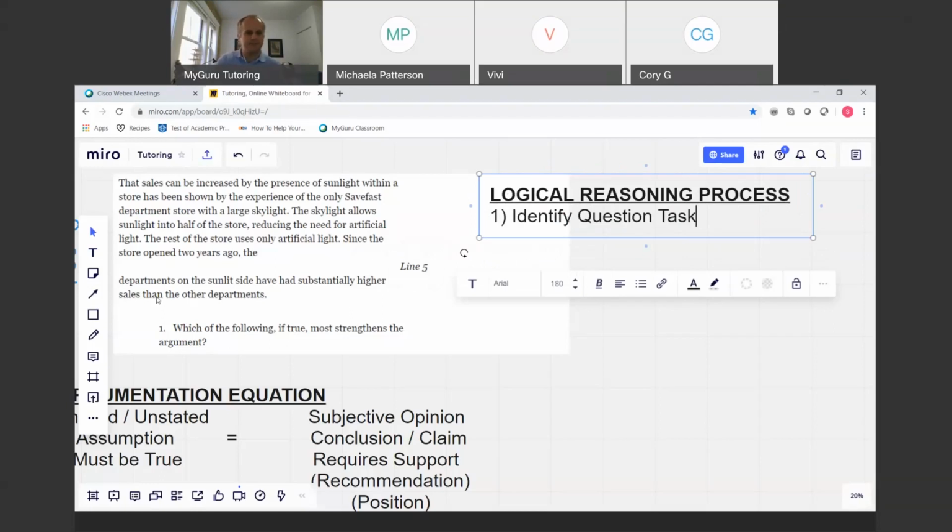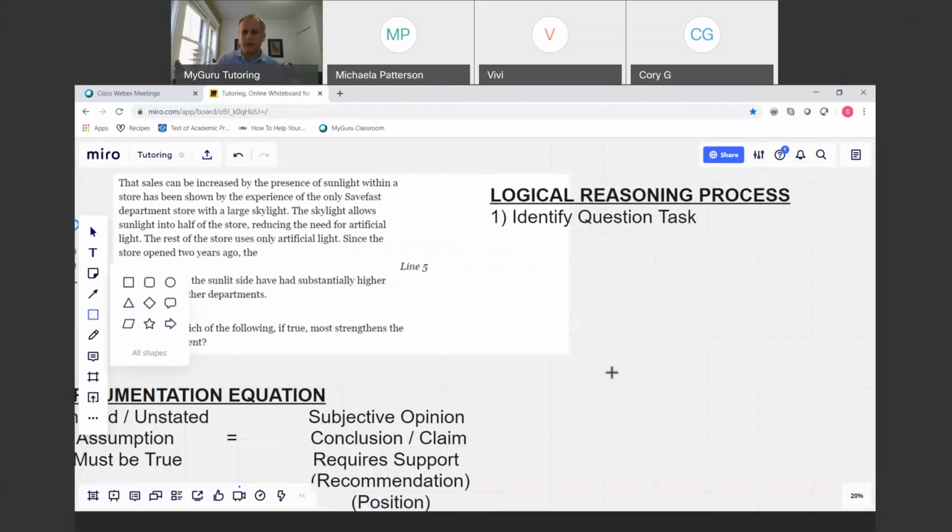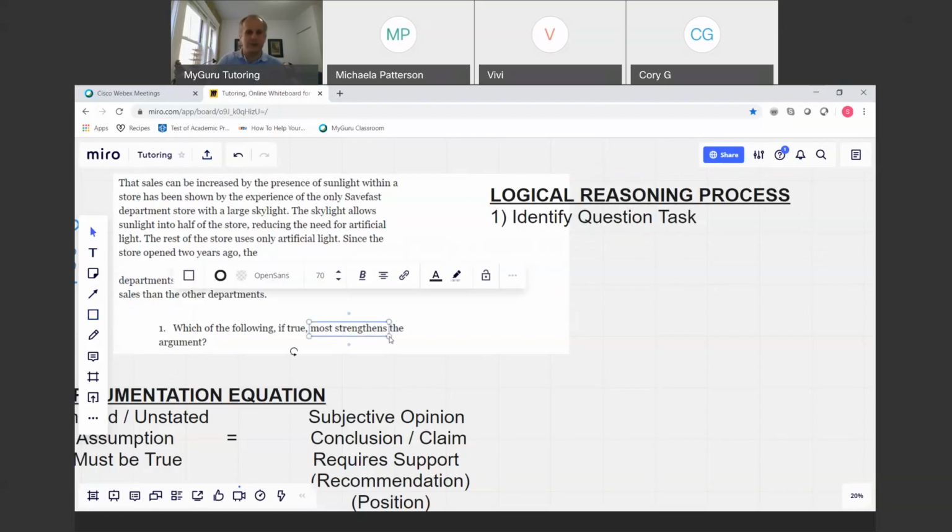In this case, we have a question asking which of the following, if true, most strengthens the argument. If we were writing down notes for the GRE, you'd probably just write out the word strengthens.